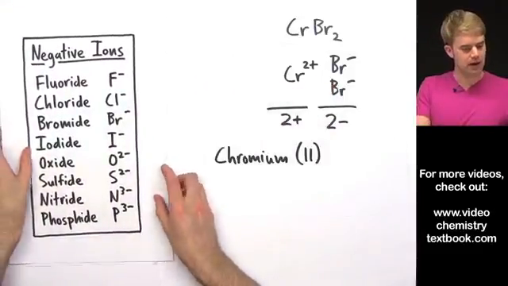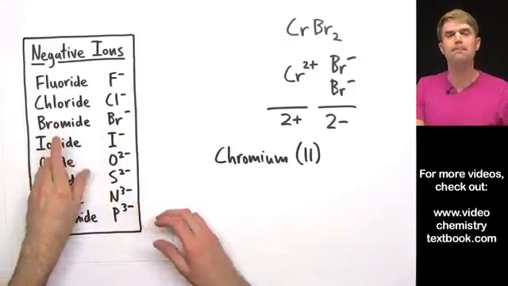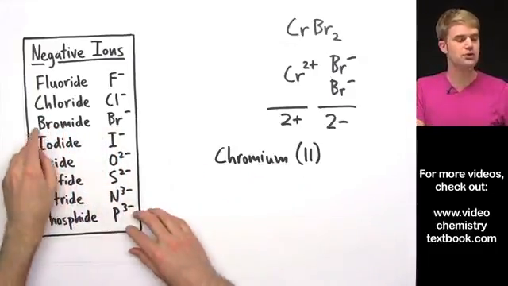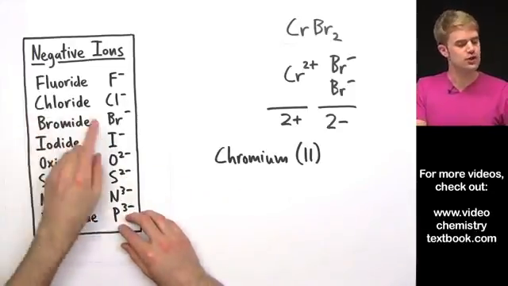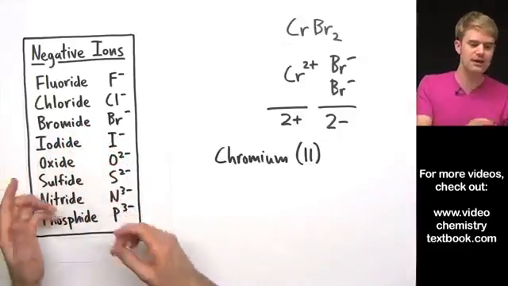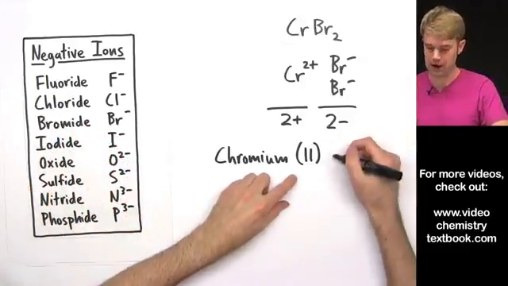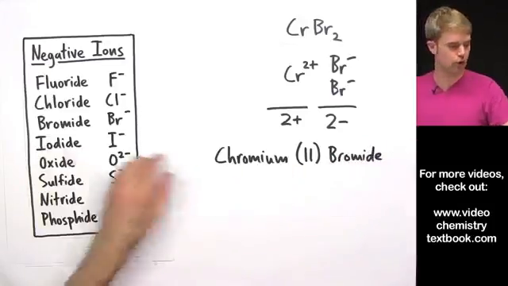Well, the negative ion, Br-, is called bromide. The neutral element is called bromine, and so when it becomes a negative ion, we change the ending to -ide. So the neutral version is bromine, and that changes to bromide. So this is going to be chromium(II) bromide.